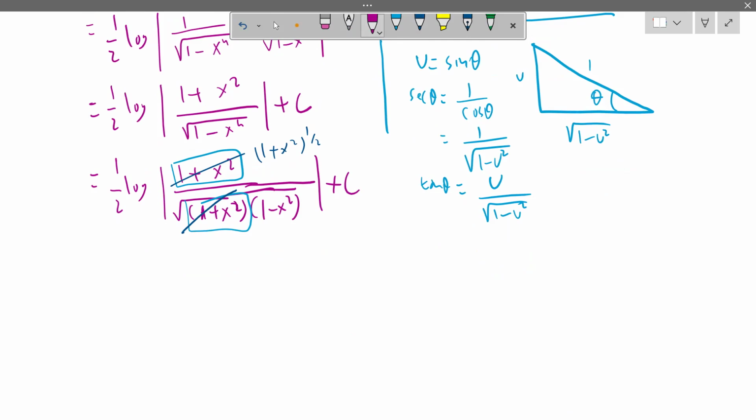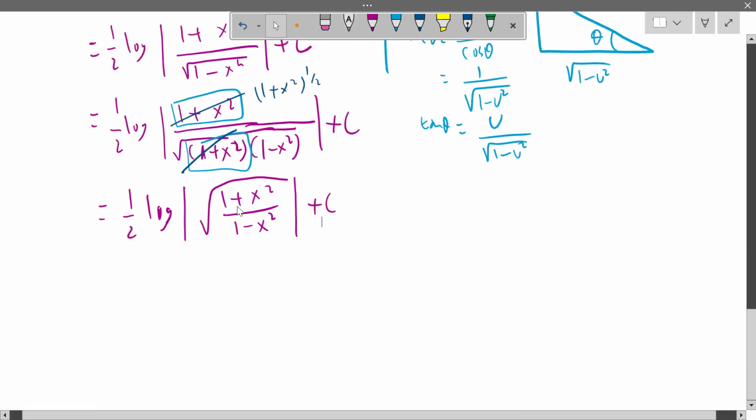So what that means here is you have 1/2 times log of the square root of 1 plus x squared over 1 minus x squared. Like this. And I don't think you can simplify this any further.